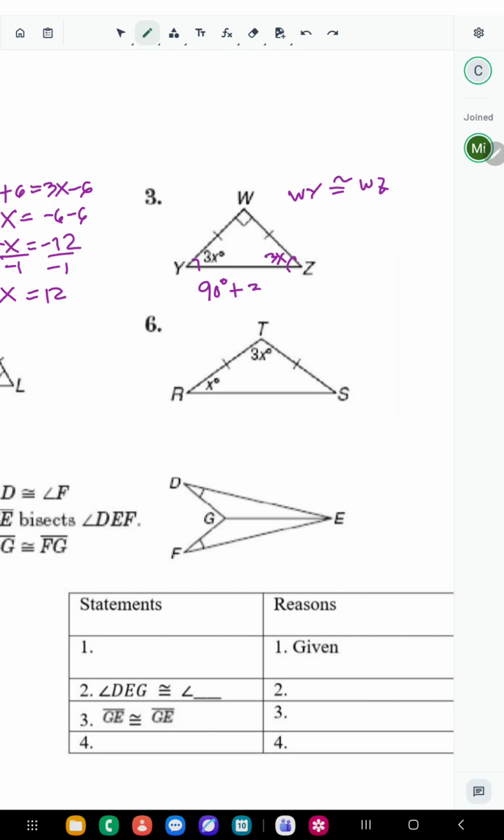So 90 plus 3x plus 3x equals 180 degrees. So 6x equals 180 minus 90. So 6x is equal to 90 degrees. Then 90 divided by 6. x is 15.